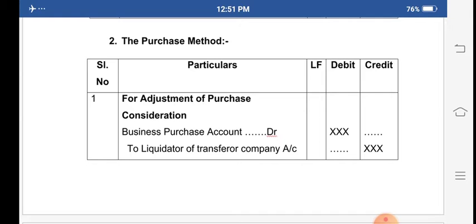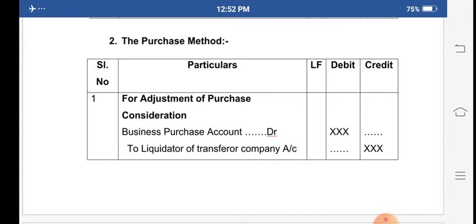Only seven entries are there for this, and they are very easy. The problem will come for 10 marks, so you have to prepare the purchase consideration, the closing entries in the books of the transferor company, and the opening entries in the books of the transferee company.